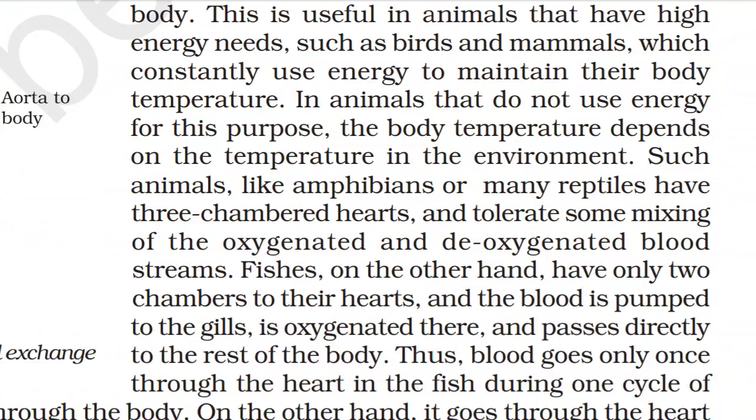In animals that do not use energy for this purpose, the body temperature depends on the temperature in the environment. Such animals, like amphibians or many reptiles, have three-chambered hearts and tolerate some mixing of the oxygenated and deoxygenated blood streams.